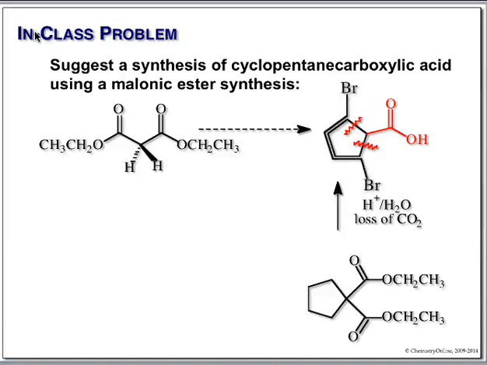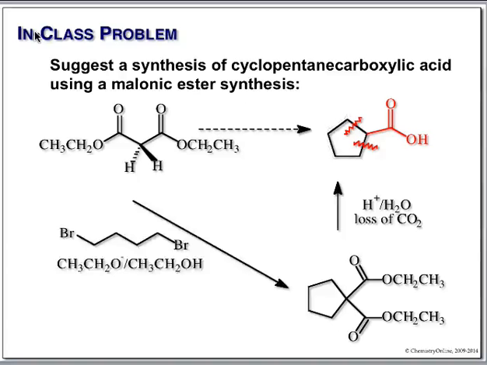And these are the bonds that we just made. We take 1, 2, 3, 4, 1 for dibromobutane, malonic ester, make the cyclic adduct, decarboxylate, and we're here.